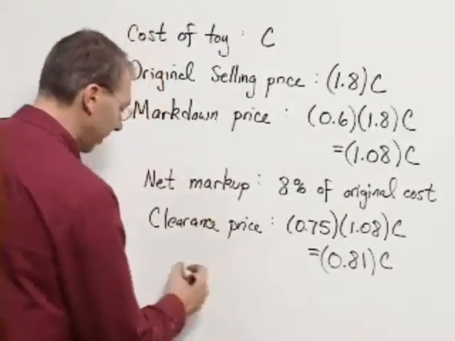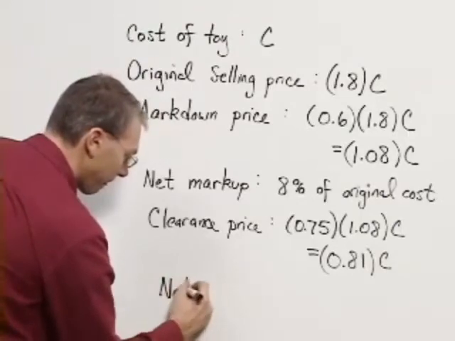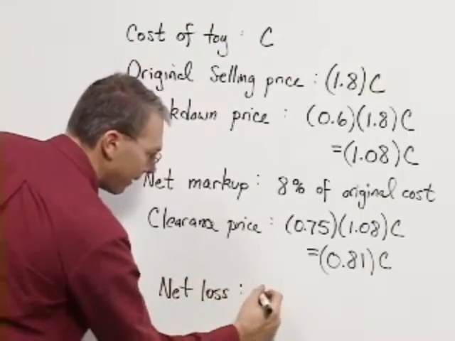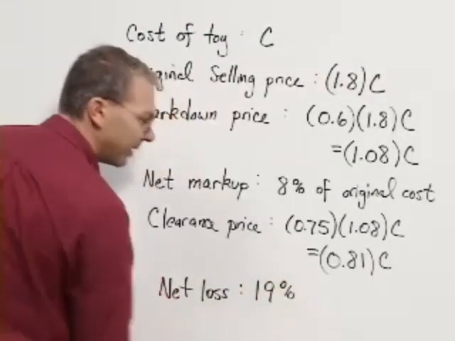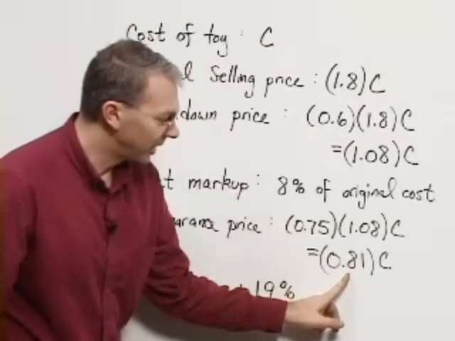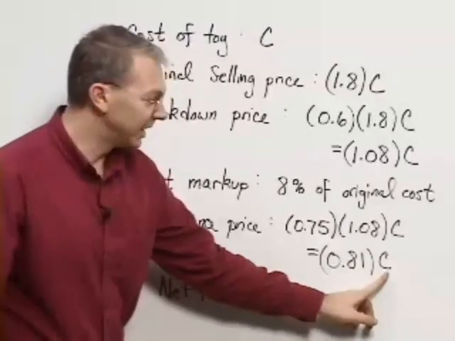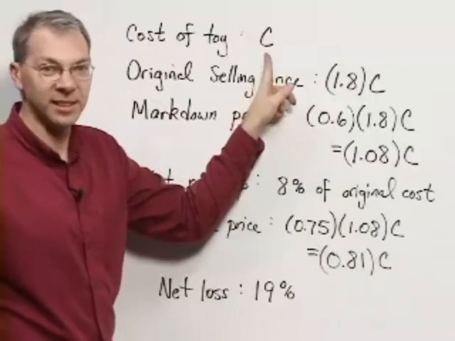This represents a net loss of 19%. This number, 0.81C, is 19% less than C.